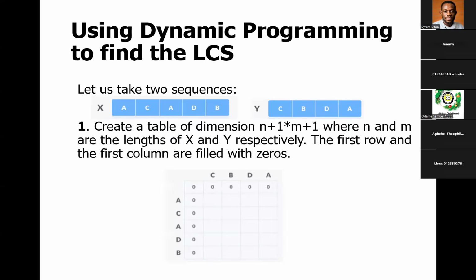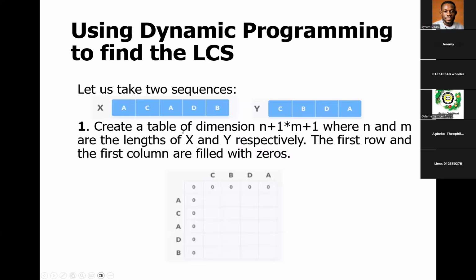Now, you can see here, it says, let's take these two sequences. The X sequence is ACADB, and then the Y sequence is given as CDAD.